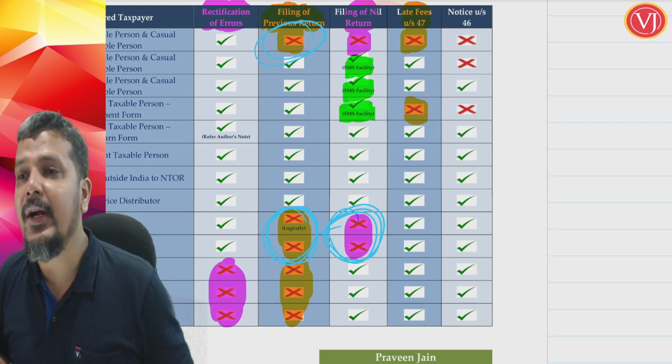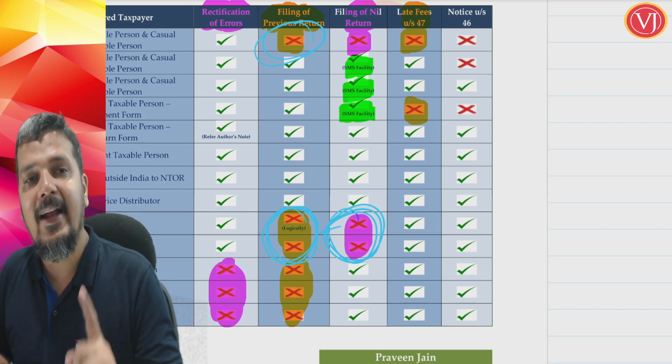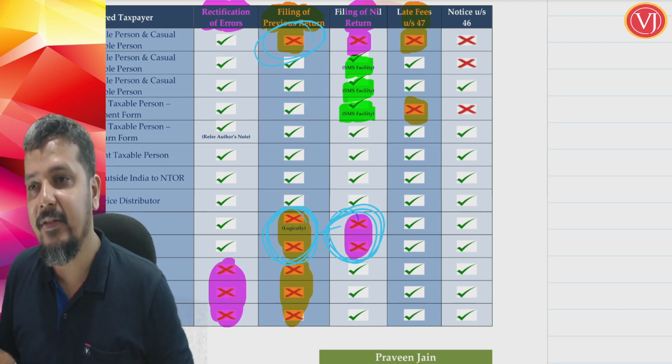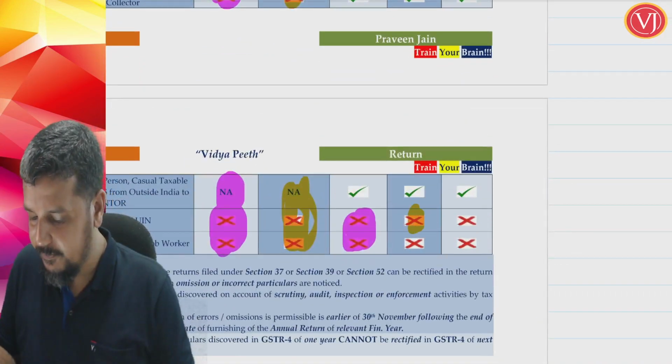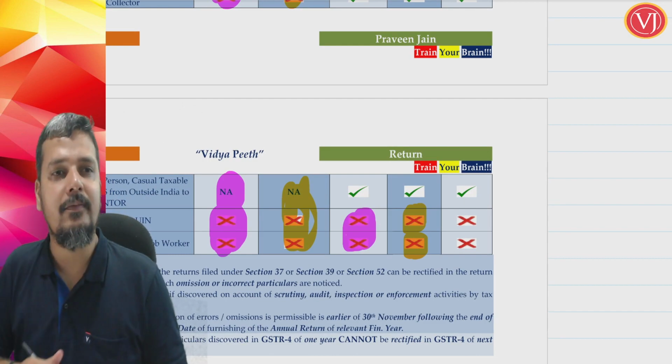Because CMP 08 is about payment, not about return. And late payment will attract interest, not late fees. And you don't have it for your GSTR 11 and ITC 04.